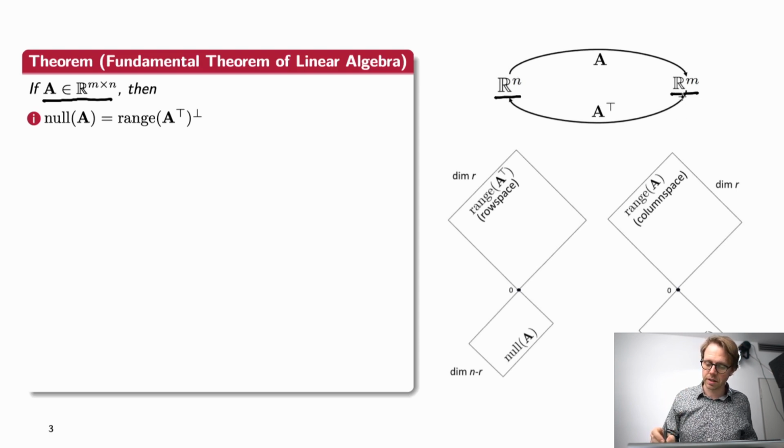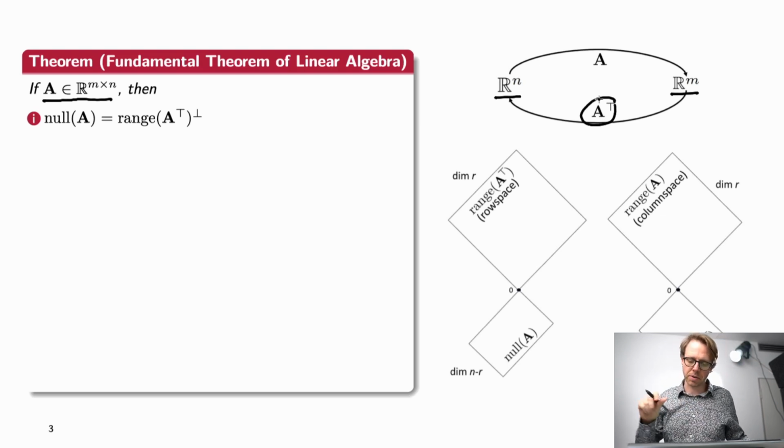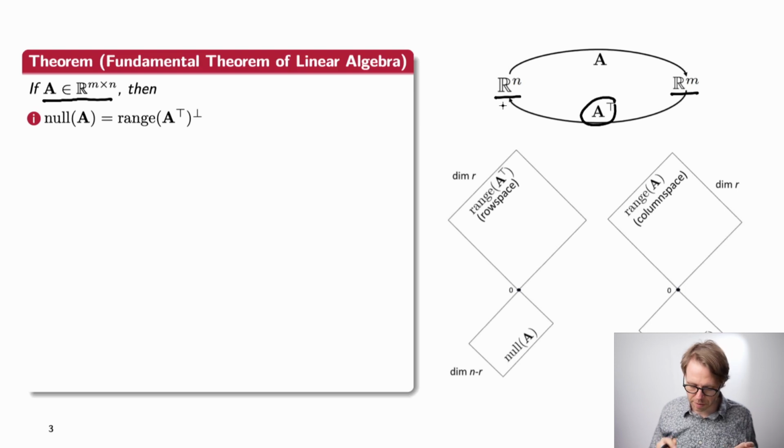Remember that A transpose, in this case, is an N by M matrix, meaning that also A transpose is a linear transform that goes from Rm to Rn. Now we can discuss certain properties of these spaces.